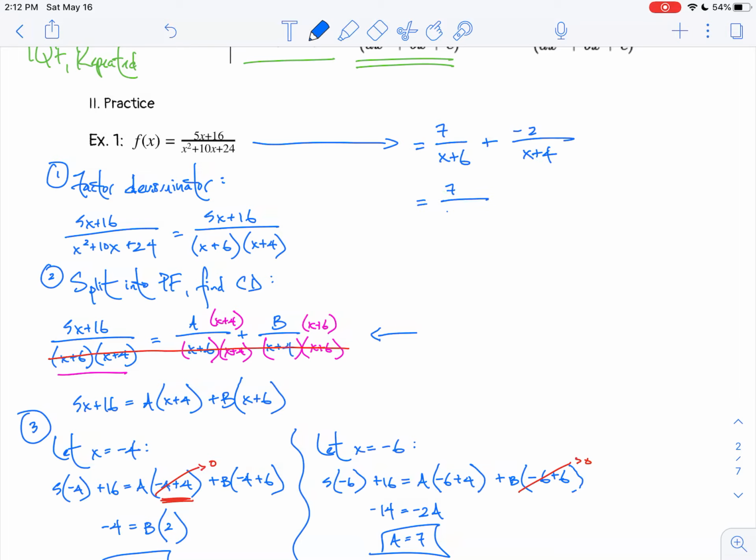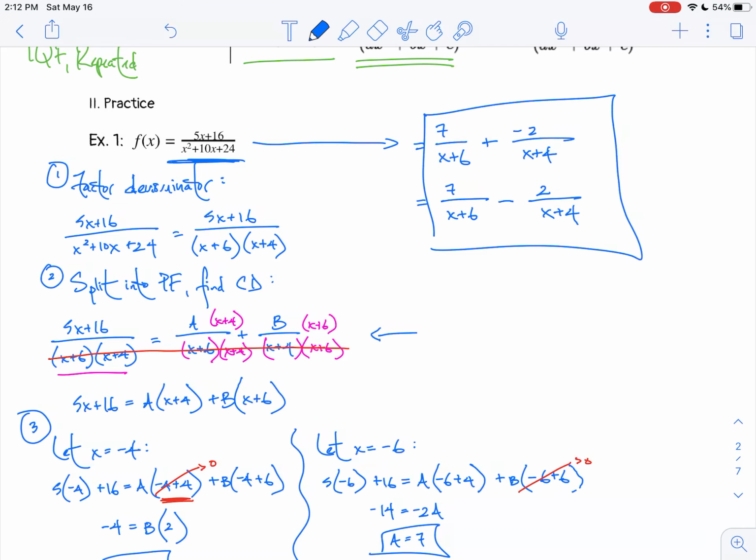Now, some people like to take that minus sign and write it in between and then just have the 2 on the top, and that's fine too. I would say either version is fine, but this is our partial fraction decomposition, okay? So we've taken one expression and turned it into 2 partial fractions.